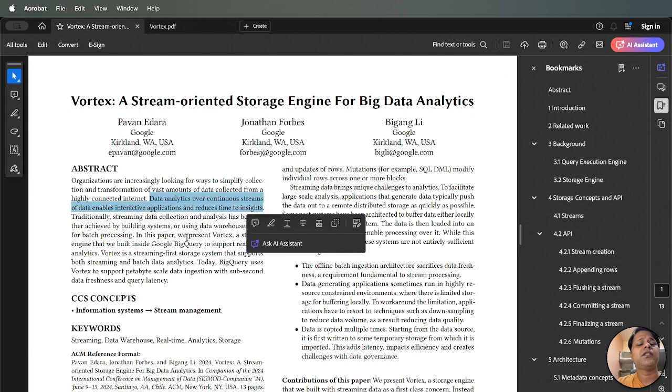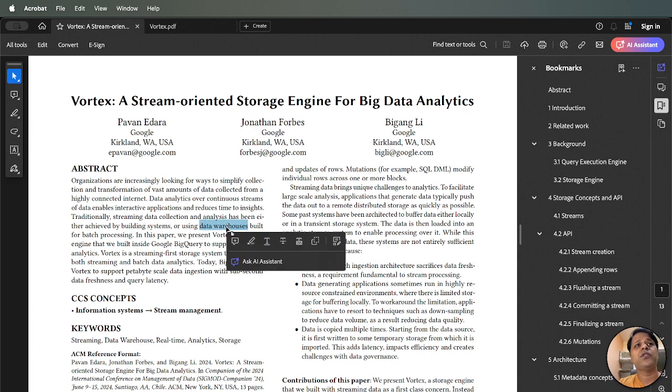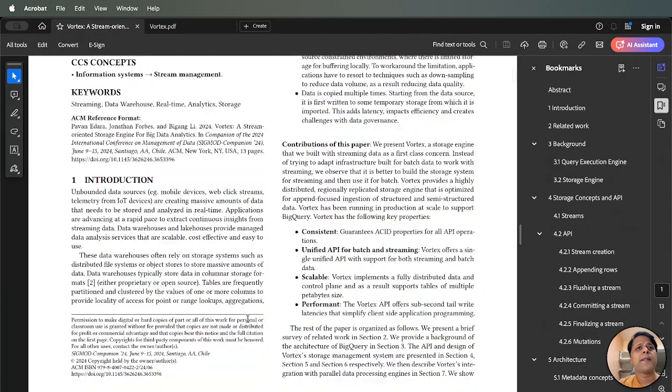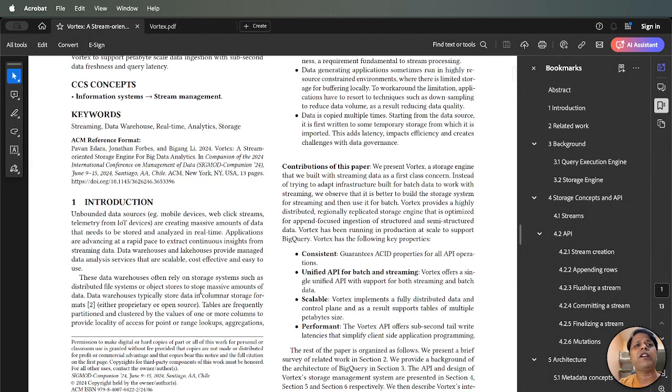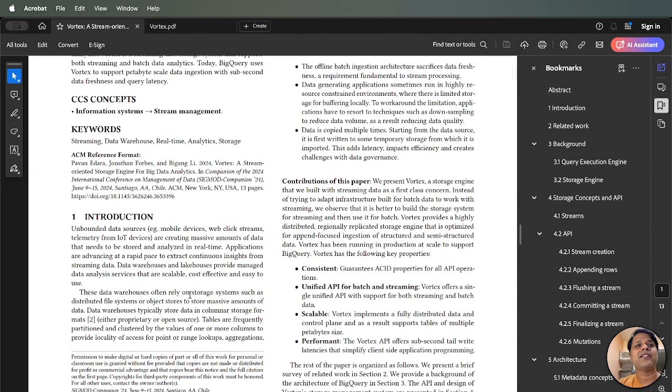It talks about how data warehouses are mostly focused on batch processing, and to handle streaming in the data warehouse, this Vortex storage engine is built. It also talks about data warehouses and the kinds of operations that happen in BigQuery, like partitioning and clustering.